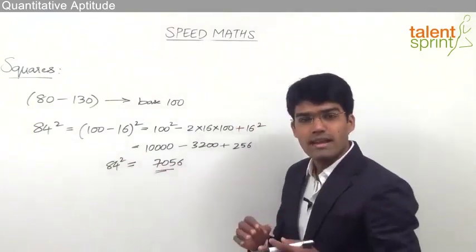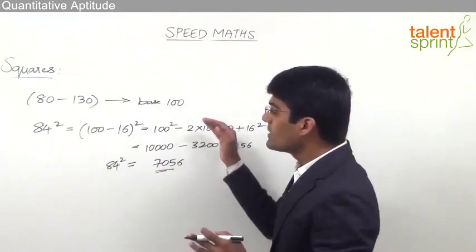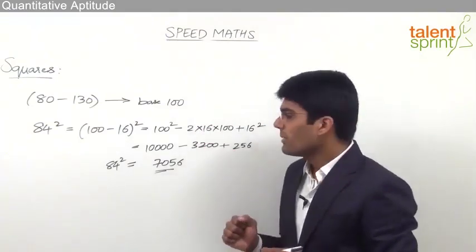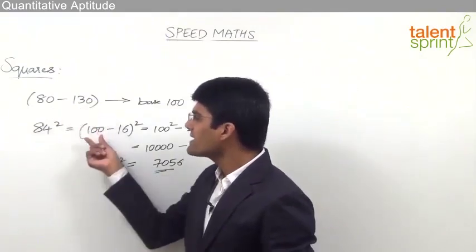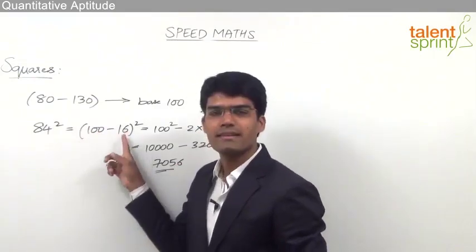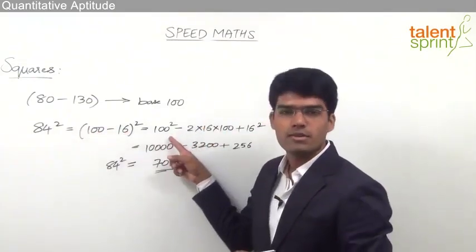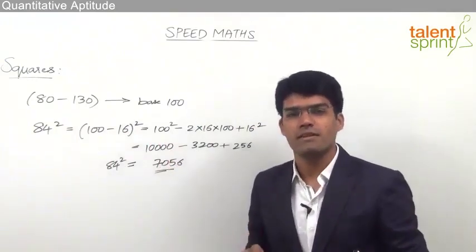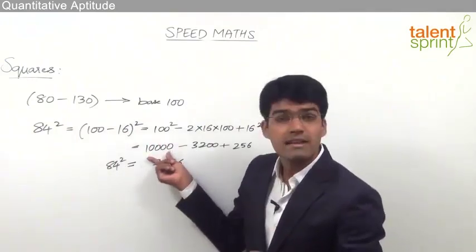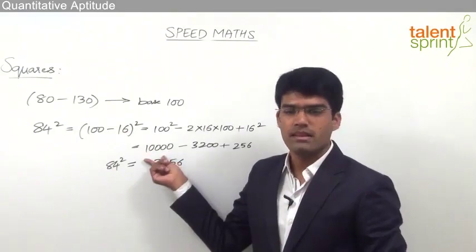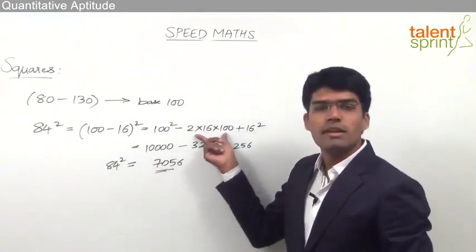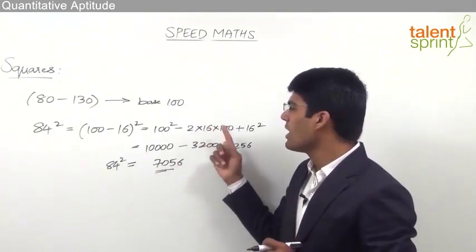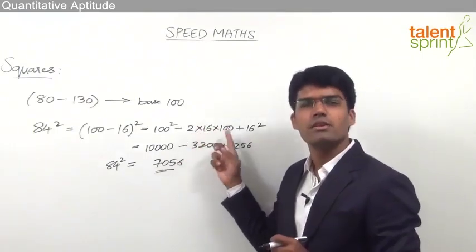So let us now understand how we can get the answer orally without writing all these steps. If we take the number as 100 plus x or 100 minus x, no doubt the first term will be 100 squared, that is 10,000. Like in case of 50 we have 2,500 as the first term, here always we have 10,000 as the first term. The second term here will be 2 into a into b, that means 2 into 100 into 16 or 2 into 16 into 100.